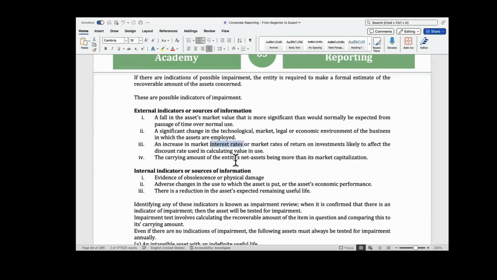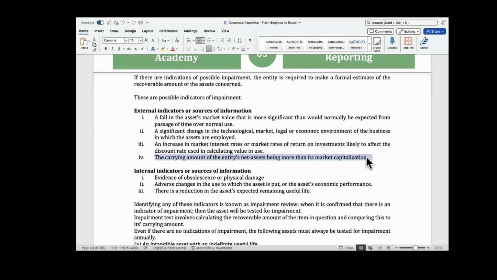Another one is where the carrying amount of the entity's net assets is more than its market capitalization. This will apply to entities whose shares are quoted on the stock market.